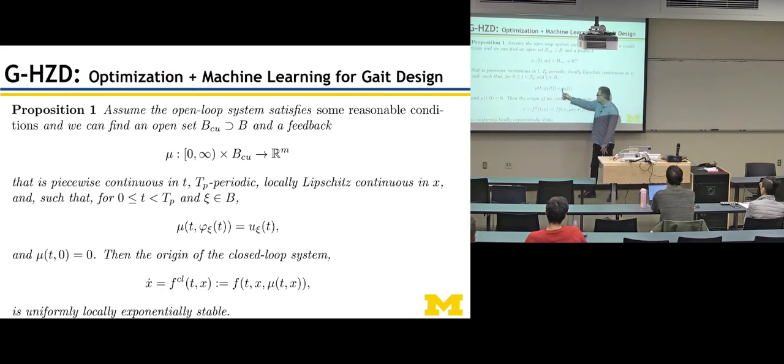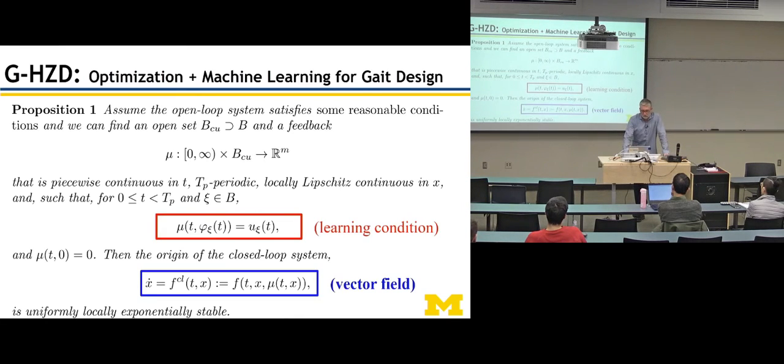Here's Dennis's interpolation condition. Then, and we design these things such that we have this contraction property that I mentioned, then the origin of this closed loop system is exponentially stable. And so that's the main theorem, the learning condition, the vector field.